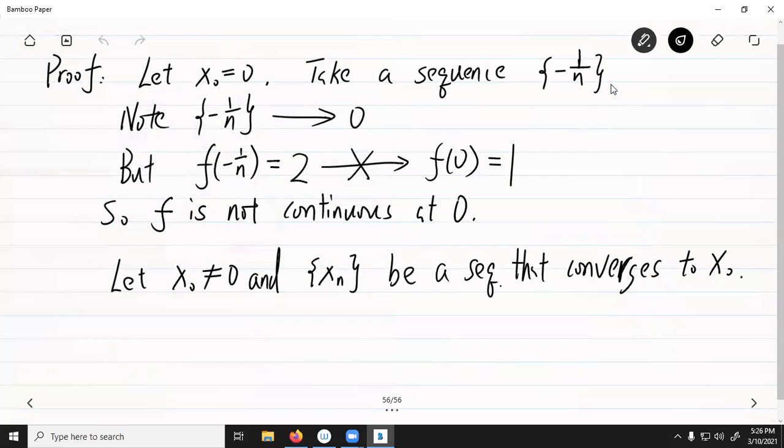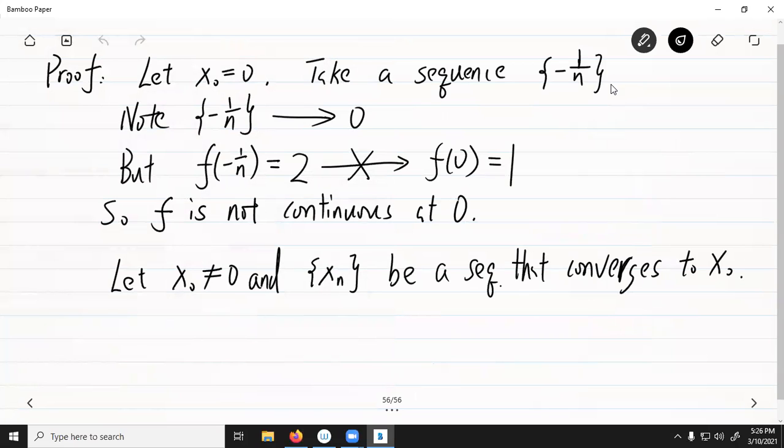Okay, so now we let x naught be not 0. We don't care about whether it's positive or negative, we just say it's not 0. Let x_n be a sequence which converges to x naught.